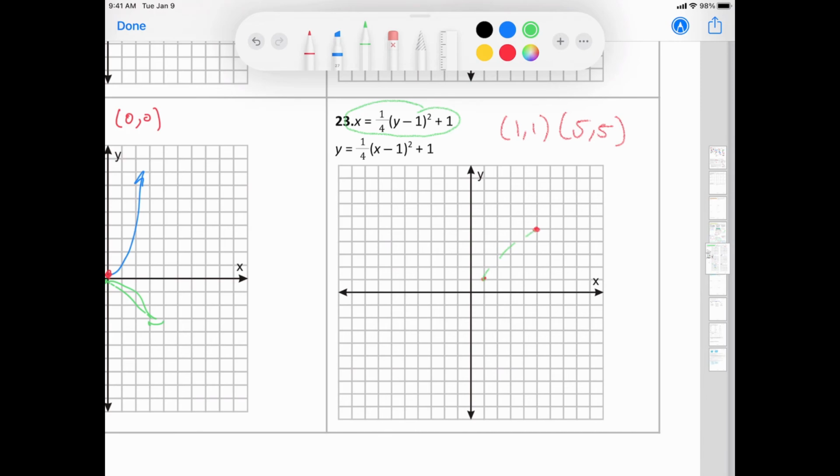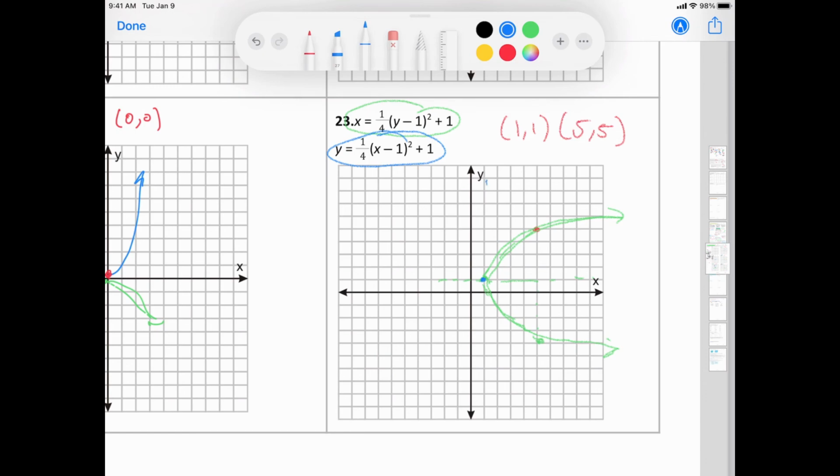If you think about it, how am I graphing this by memory? Once I have those 2 points, and if I knew this red dot at 1, 1 was the vertex, it's going to be 5 away. 1, 2, 3, 4, 5. That's actually the axis of symmetry. Does that make sense? And this one was shifted over right 1, up 1.